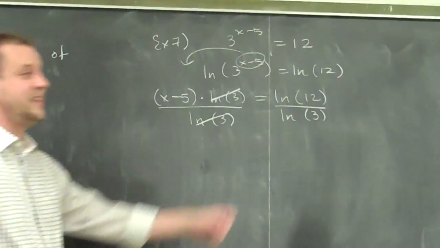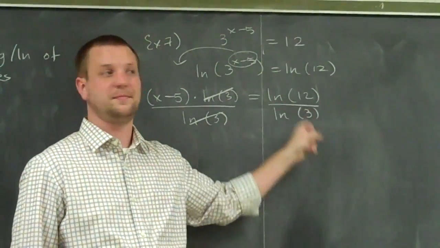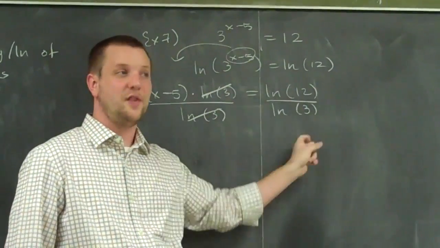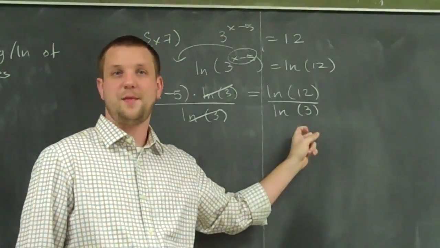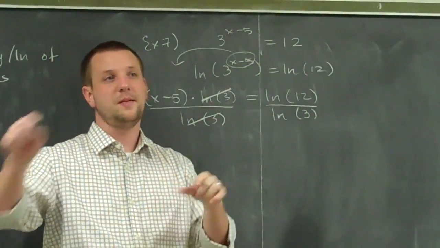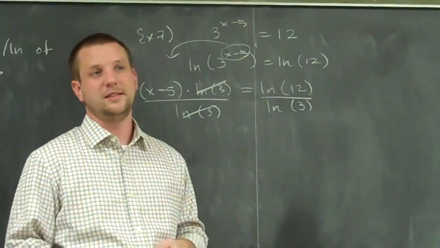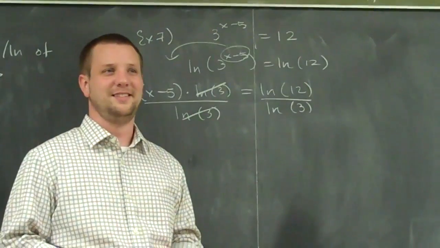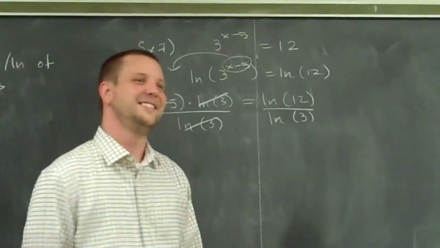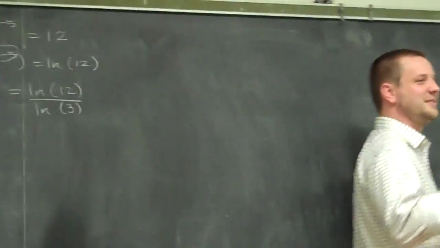No, it's not. No, this is not the natural log of 12 divided by 3. It's the natural log divided by the natural log. If you don't believe me, put both of them in your calculator and you're going to see they're different. Lots of people don't believe me. It's better you find out for yourself now.